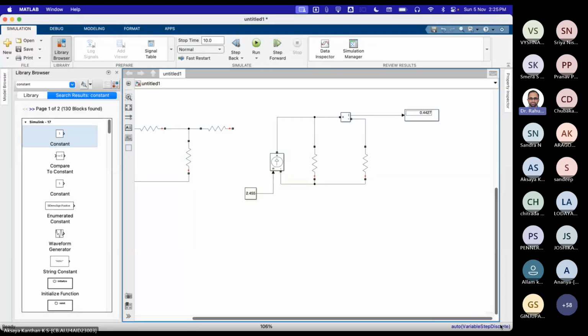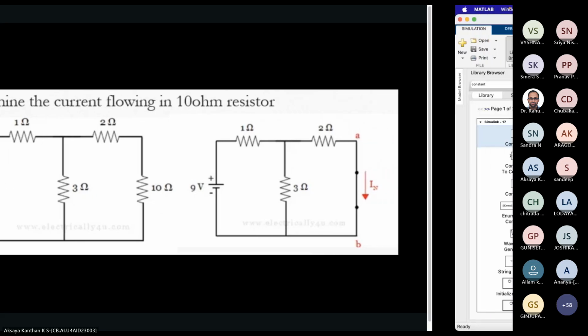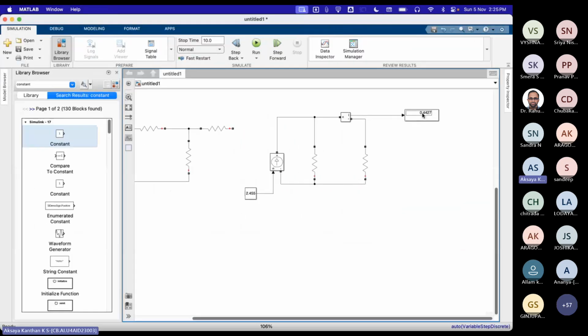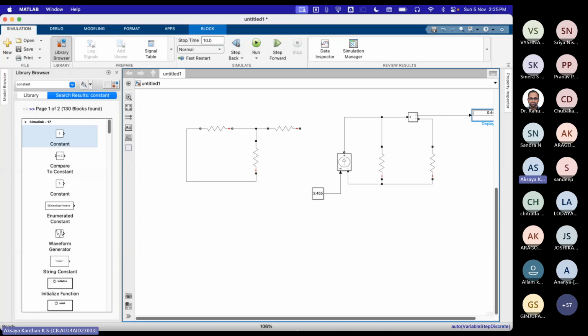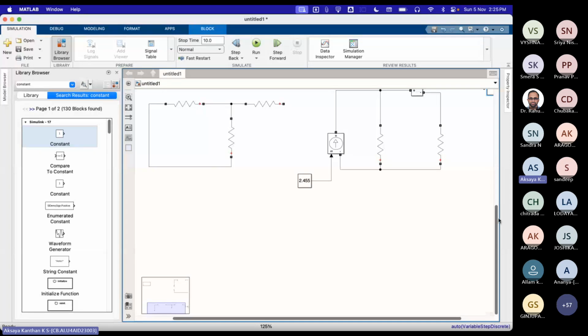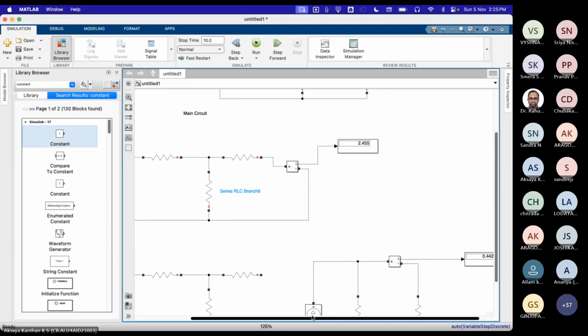Yeah, Akshay, can you take it on small? Okay. So to verify this result, I'm going to connect a current measurement directly into the main circuit, here.